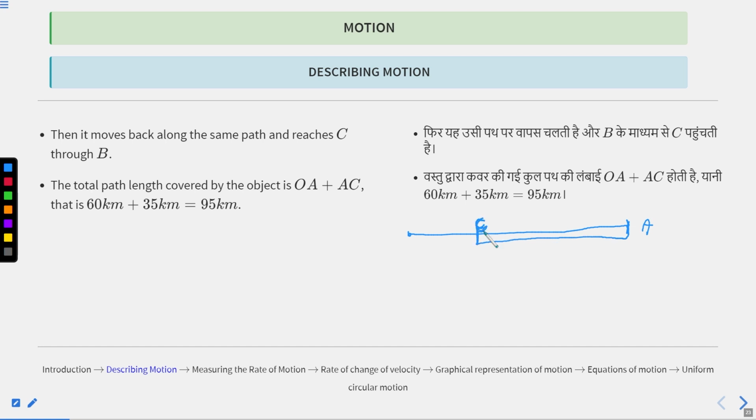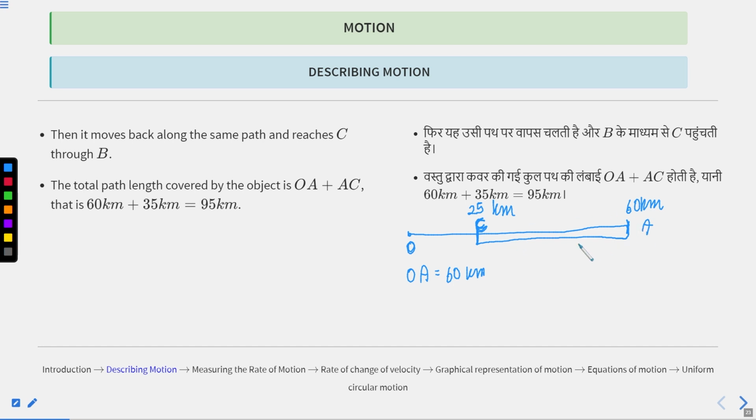So if I ask you how much distance you covered, if this is 0, C point is 25 and A point is 60, how much distance have you covered? The total distance you traveled: you first travel from O to A, and O to A is 60 kilometers.